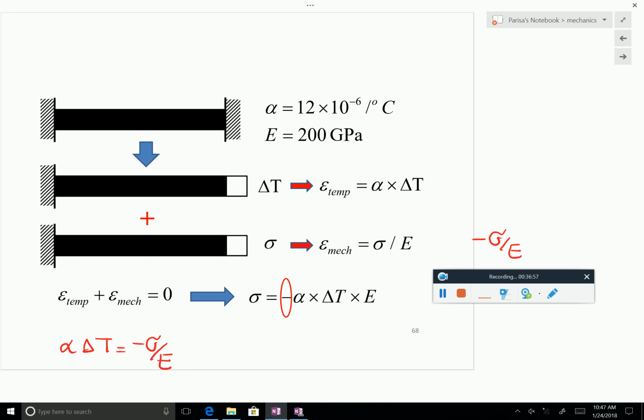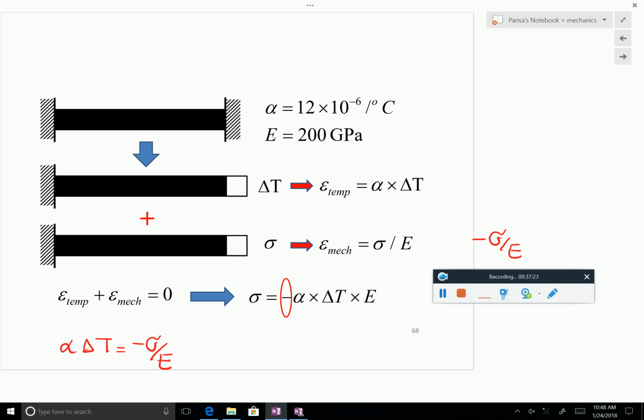And as you can see, this doesn't depend on the length of the bar. It doesn't depend on the cross section. That's why I told you that actually all 3 bars have the same stress. Also, it is not included. I agree. So thermal loading could be a little bit different.